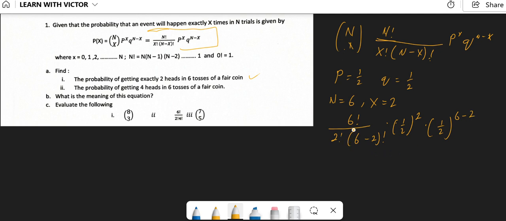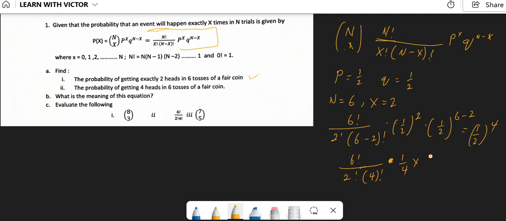Now if you have 6 factorial, it is like expanding. We have 6 factorial divided by 2 factorial into bracket 6 minus 2, that is 4 factorial. Open the bracket, we have 1 squared, 2 squared, both of them sharing the square. I'm going to put a dot as multiplication, 1 over 2 squared times 1 over 2 to the power 4.